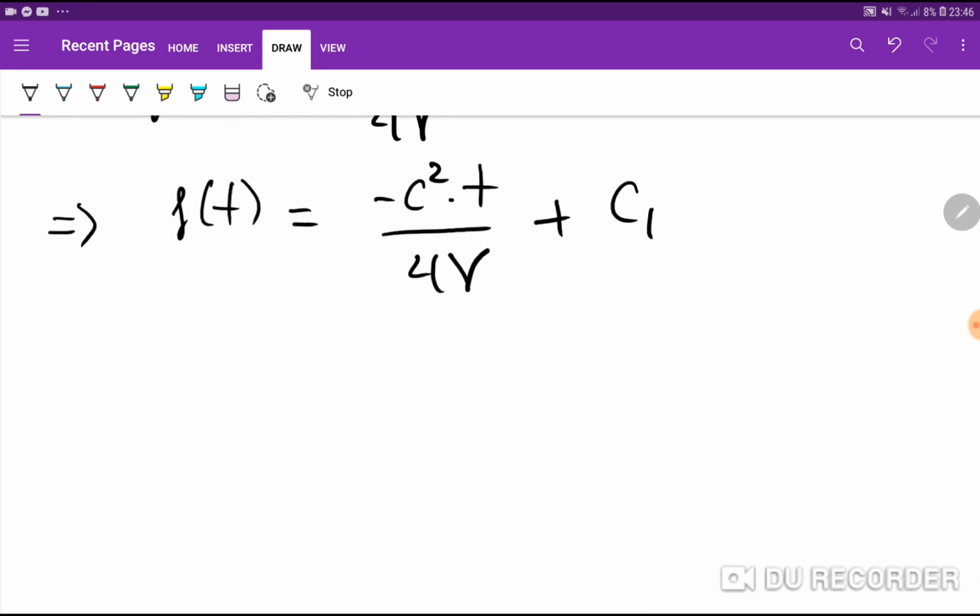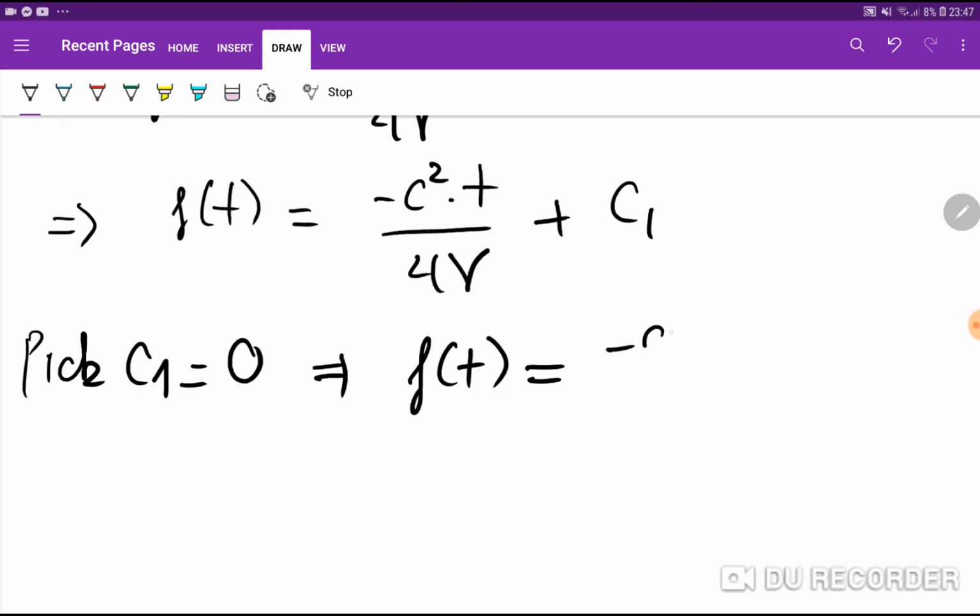In this case, you don't have to look for this family of solutions. Remember, S of x and t is something we can choose. So we can choose c1, and I would pick c1 equals 0. So you have f of t equals negative c squared times t over 4 mu.